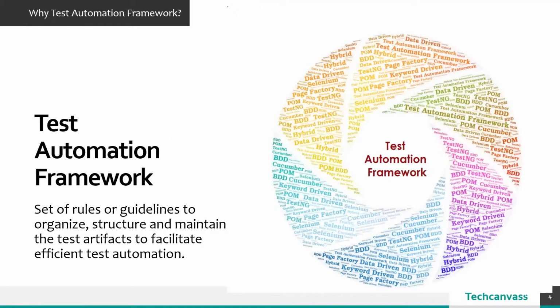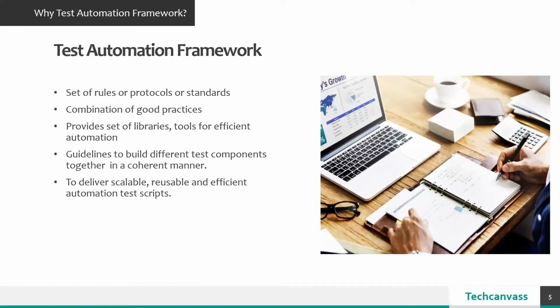So let's kickstart. A test automation framework defines the rules or guidelines which, when followed, benefit the test automation. It helps us to organize, structure, and maintain the test artifacts. So a test automation framework means a framework to structure our test scripts. They define rules or protocols.